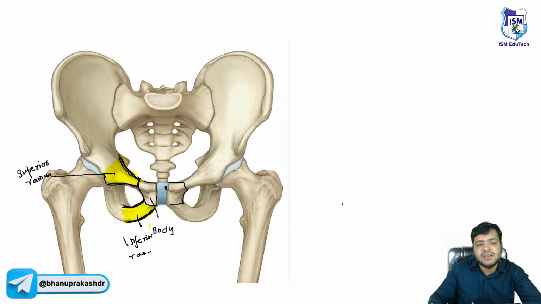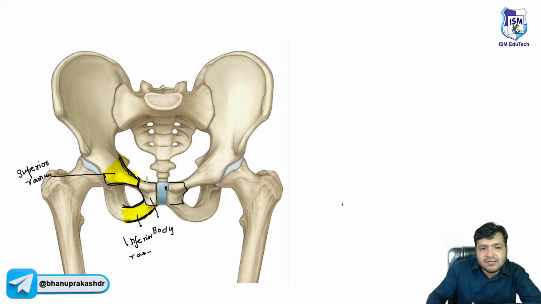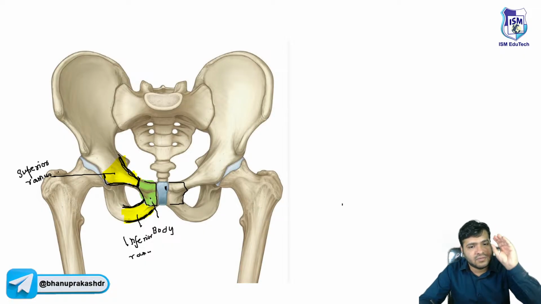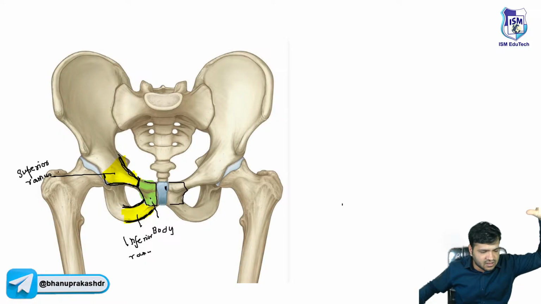The one I'm highlighting with green is the body of the pubis. The body has two arms, one on the upper side and one on the lower side.